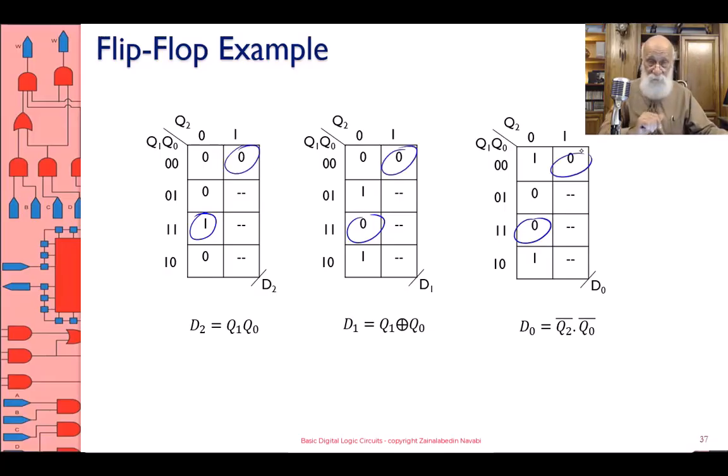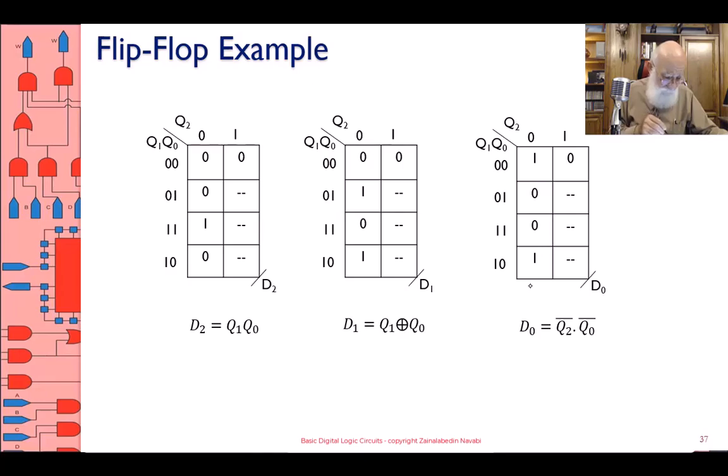That's a rollover. How about the other 3 cases? I don't really care. My counter should never be in these states anyway. So let's do the mapping.